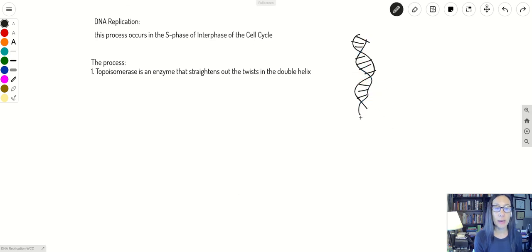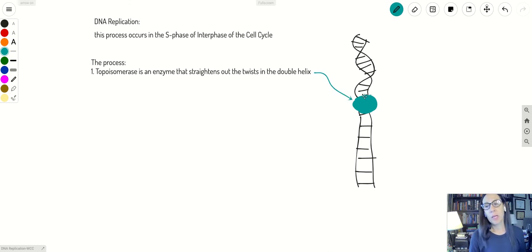Okay, so then what we have is once it's straightened out, we're going to have both sides of the double helix in a straight line. Okay, so I'm going to draw the topoisomerase as teal, and it's an enzyme that is moving its way through the double helix, straightening it out. Okay, so this is the topoisomerase here. I'm going to put an arrow here that shows you that.